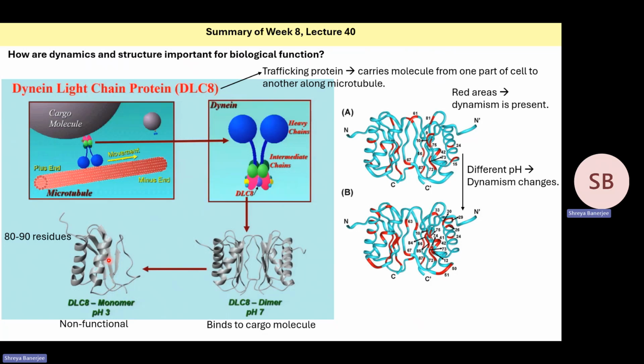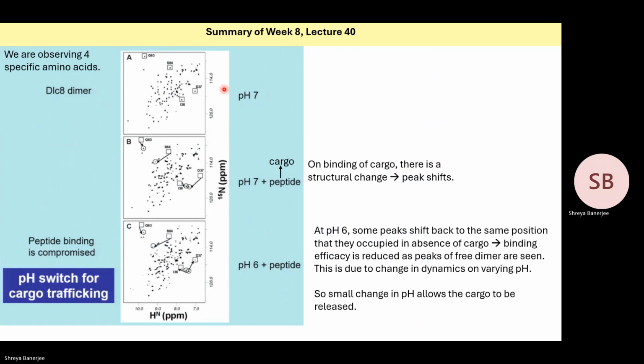It can no longer bind to the cargo, so it will release the cargo molecule. So by controlling the pH, you can control the association or dissociation and thus allow the molecule to bind to the cargo or release the cargo as required. That is how the structure and the dynamics is important for the biological function.